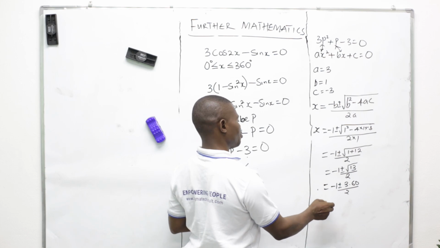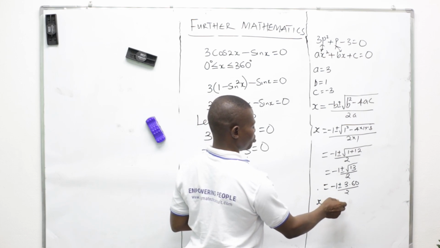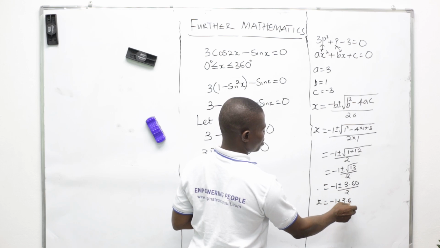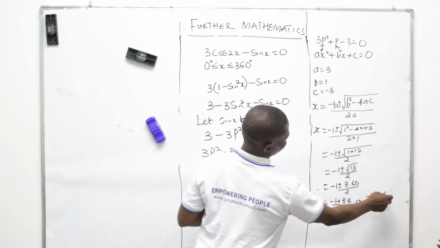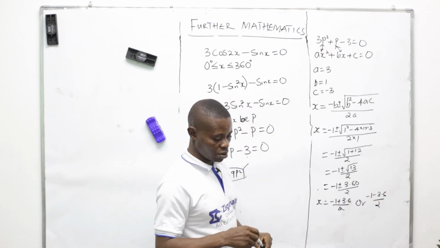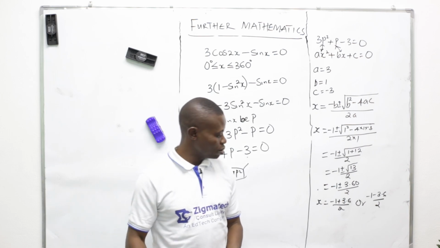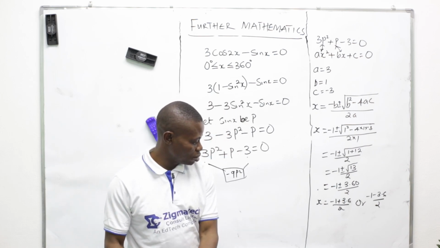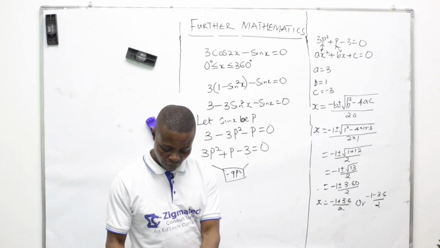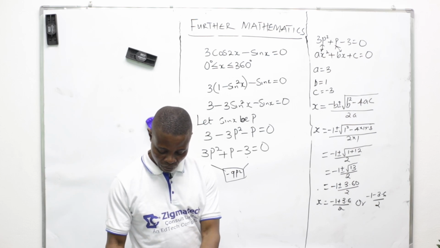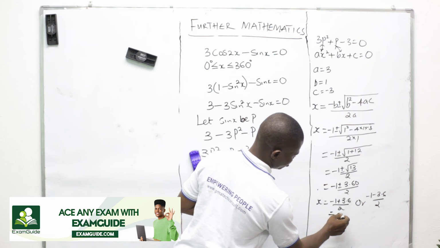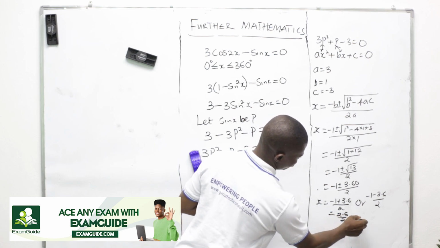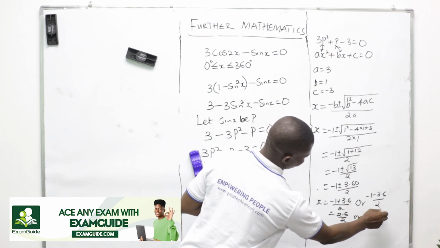That is, S will now give us minus 1 plus 3.6 all over 2, or minus 1 minus 3.6 all over 2. Okay, we're having 2.6 all over 2 or minus 4.6 all over 2.